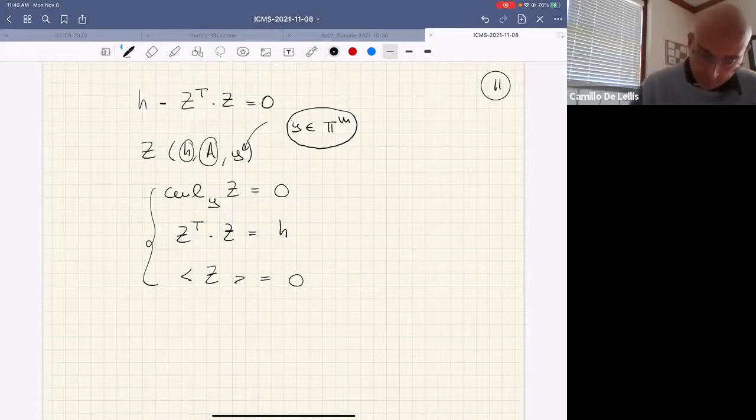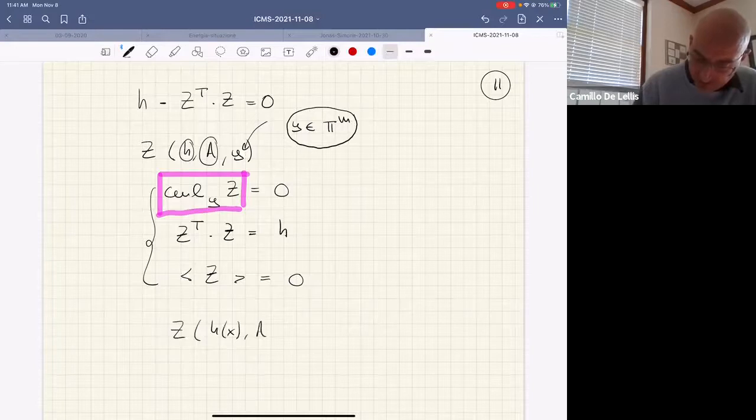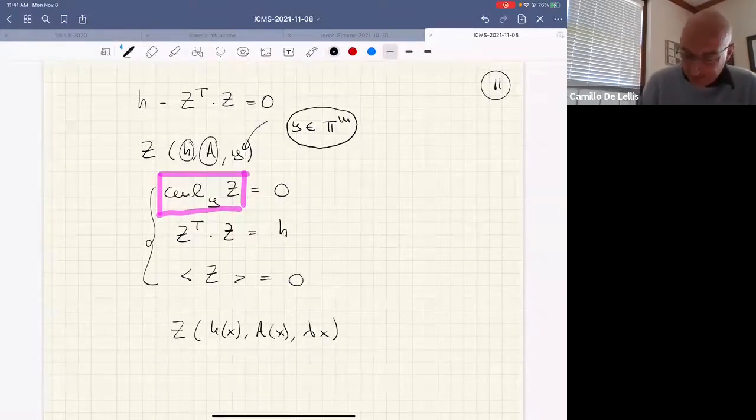And of course, you might at first object that if I only solve for the curl equation in the fast variables, I can find a potential for each h and a for this z, but it's less clear that I am going to find a potential for this function z of h of x, a of x and lambda x. So this one is not anymore curl free.